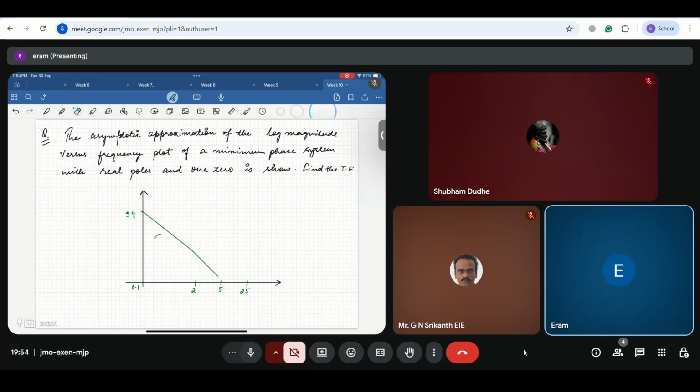Okay, so these are the corner frequencies.